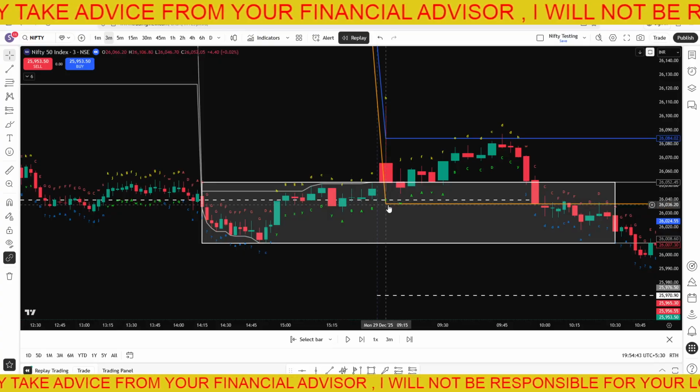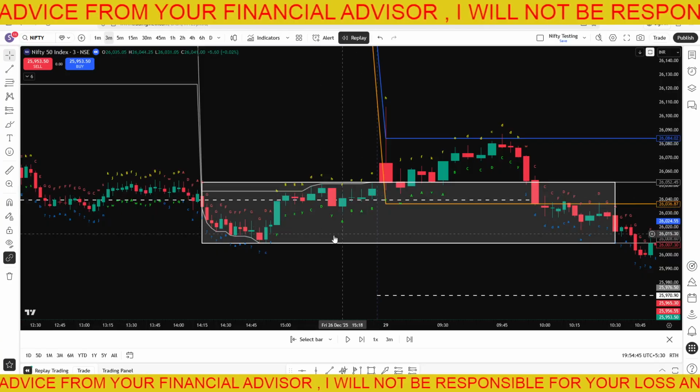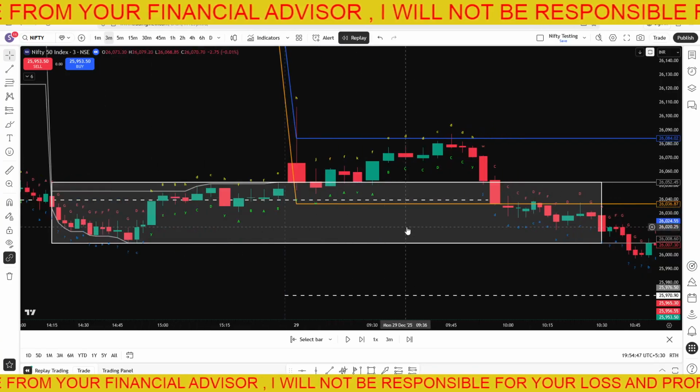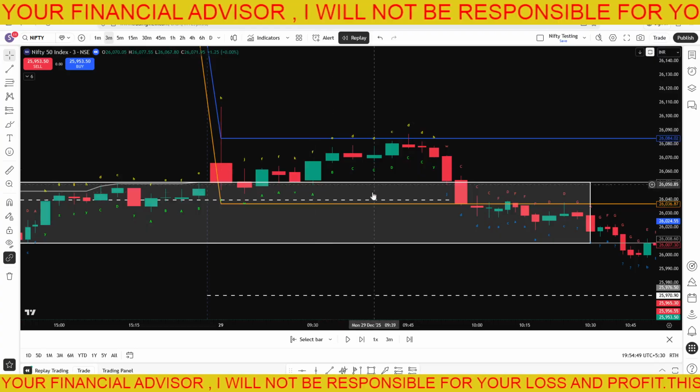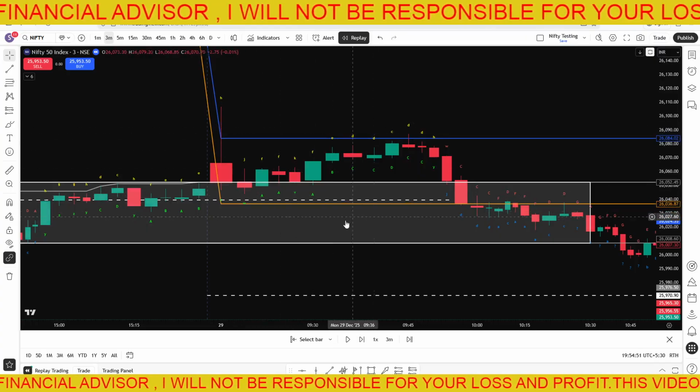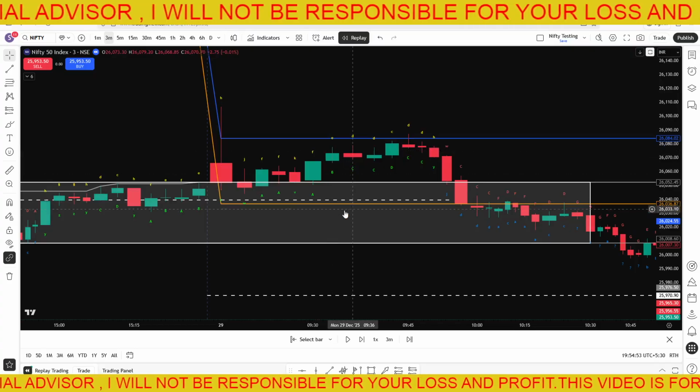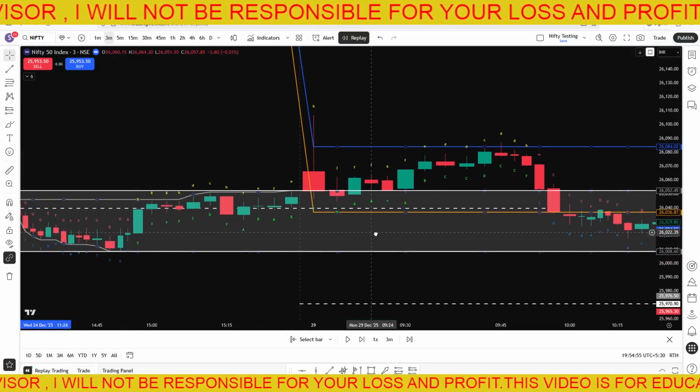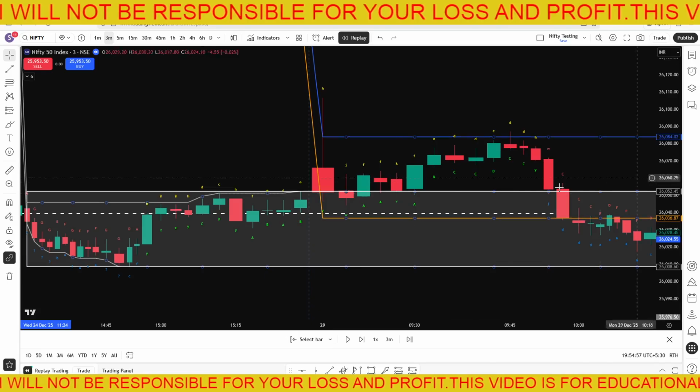So this one is bullish. The first confirmation is bullish. The second, this smart zone, is bullish. And although the pivot is not giving us any confirmation or directional bias, the third condition is this one.